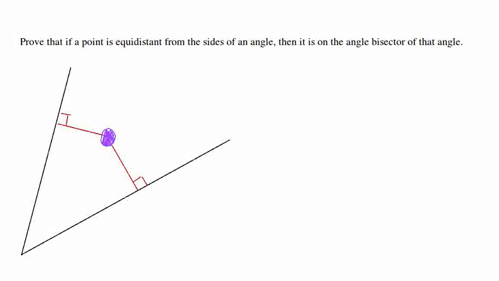Well, let's play with this now. Let's draw a line from the vertex of the angle to that purple point. Would you agree that that green line segment is the hypotenuse of two triangles that I just created?